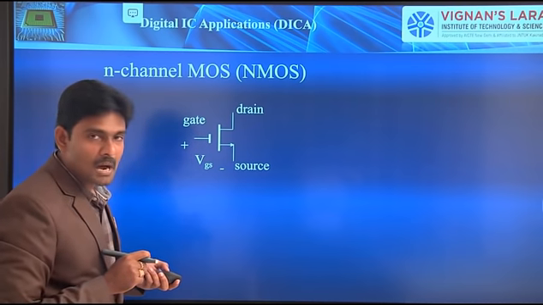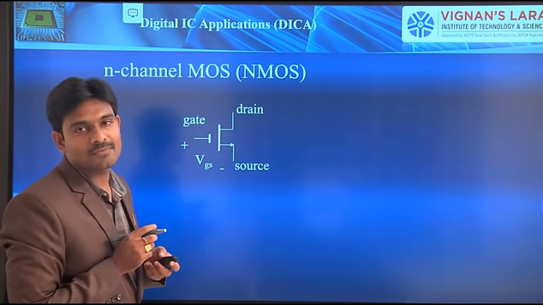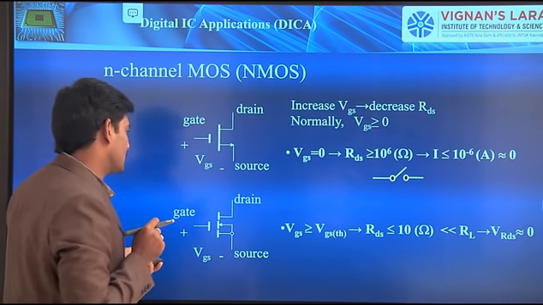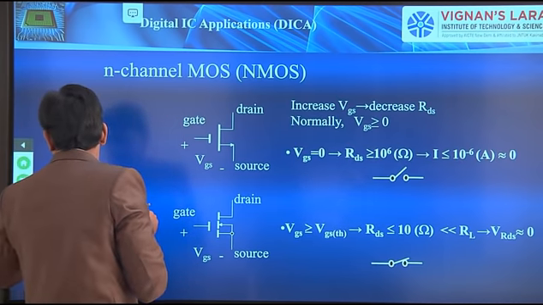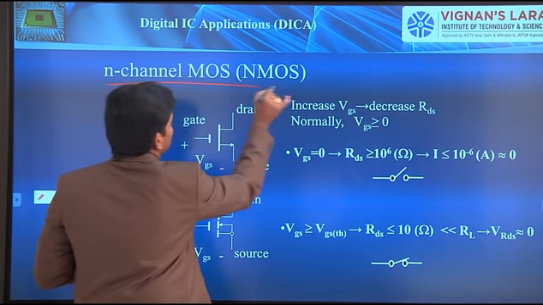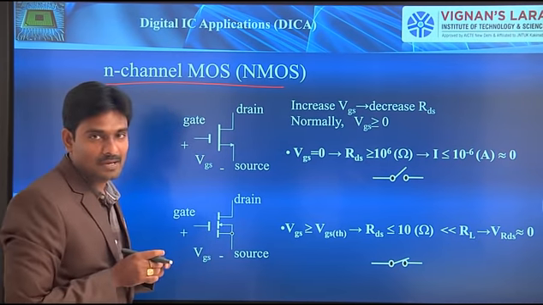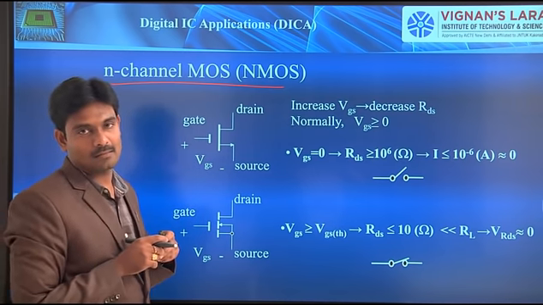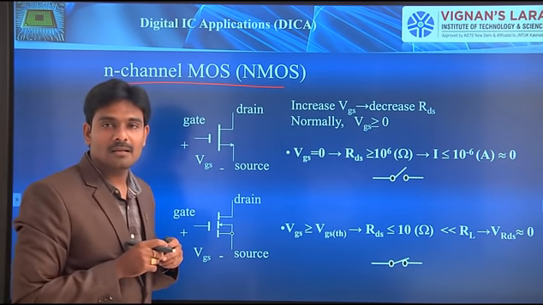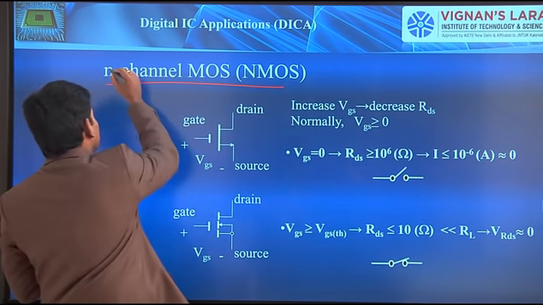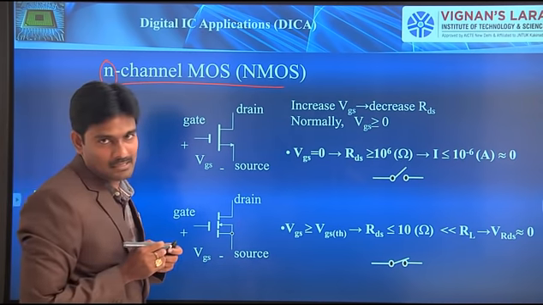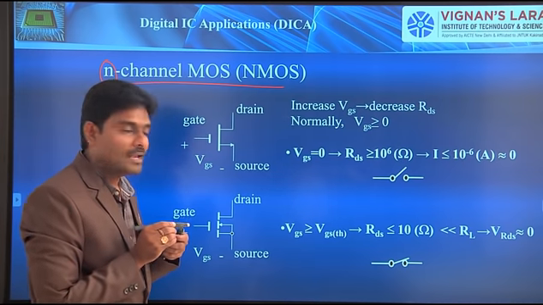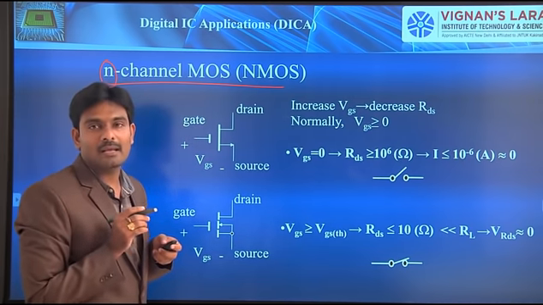Next, the MOS transistor is mainly classified into 2 types. One is the NMOS transistor, where NMOS stands for N-channel metal oxide semiconductor. Here N indicates the type of semiconductor material used to realize the resistance controlled terminals.